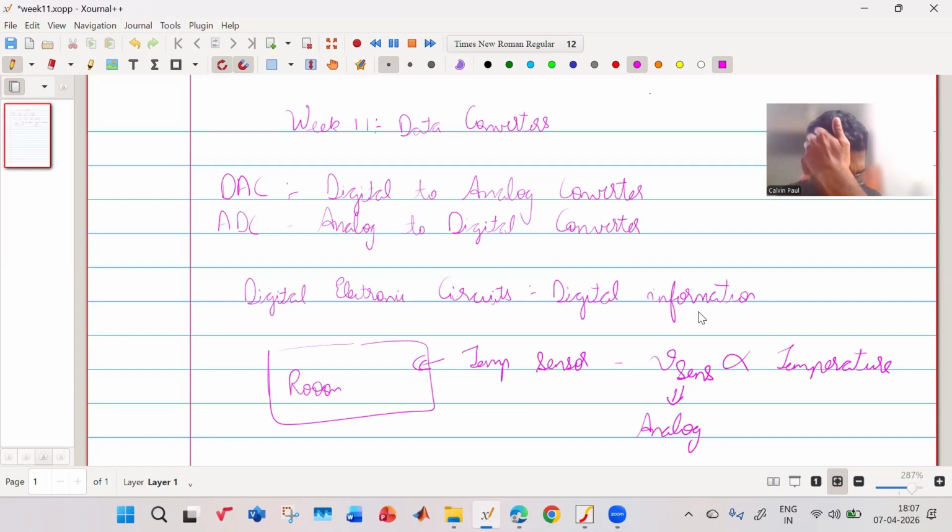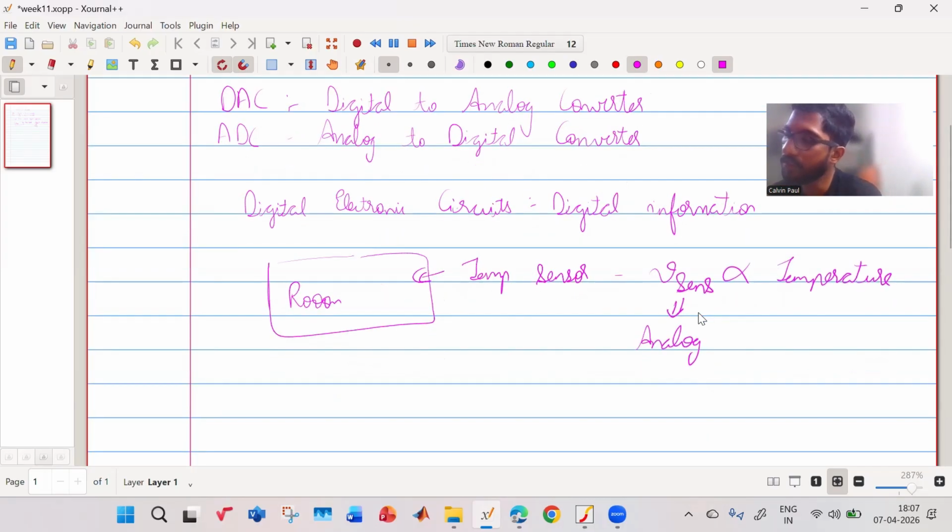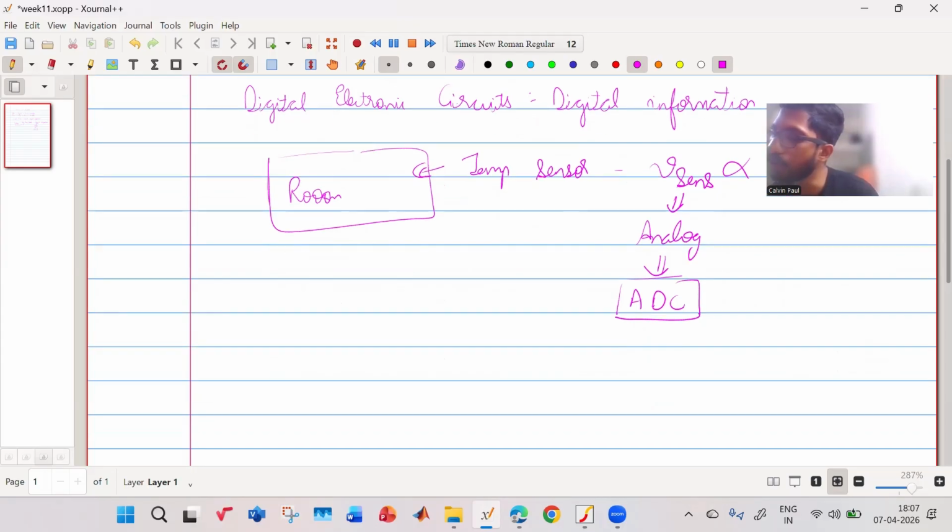What you need to do is make it digital, so you pass it to an ADC, your analog to digital converter. Now you will have the data, V data, of the sensed temperature.